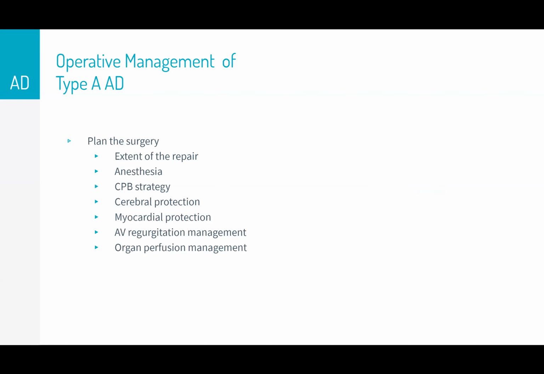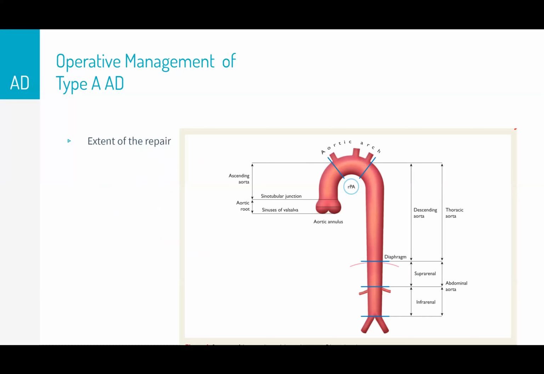The repair procedure will differ depending on what parts of the aorta are affected. Since we are speaking of type A, we know for sure the ascending aorta is affected. But if it's only the ascending aorta, you would just repair that with a graft. But if the dissection propagates retrogradely into the aortic root, then you would have to do a root replacement.